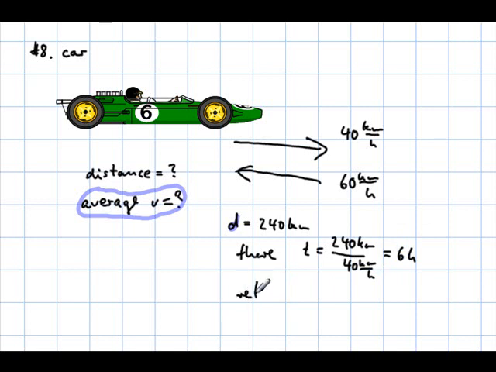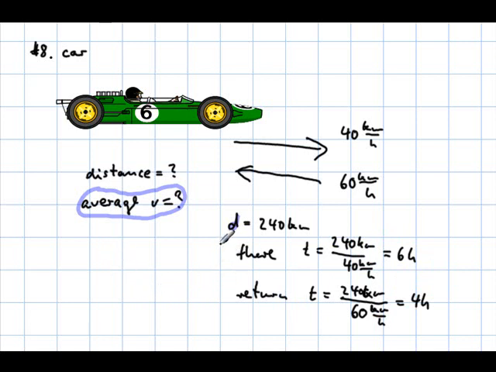On the return trip, that's 240 kilometers divided by 60 kilometers an hour. That's 4 hours. And then, of course, the kilometers divide each other, and the hour in the denominator goes to the numerator, which also makes sense when we look at time. We need to have that time unit in the numerator.